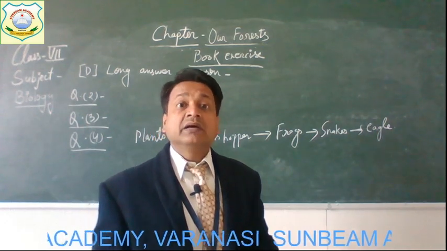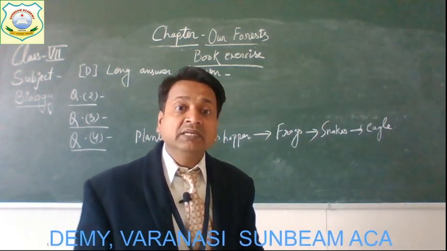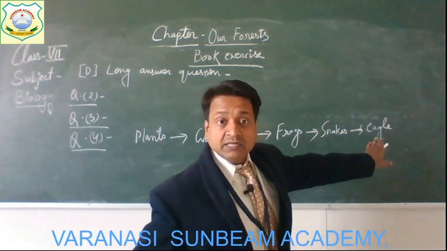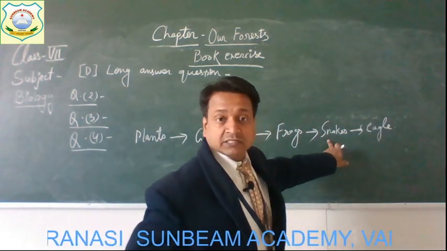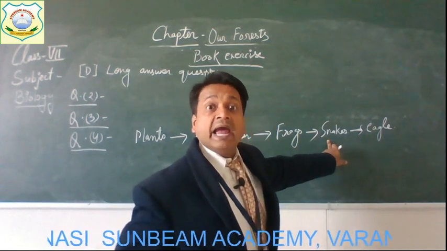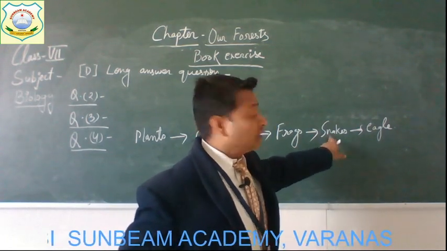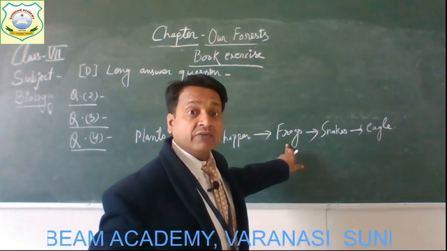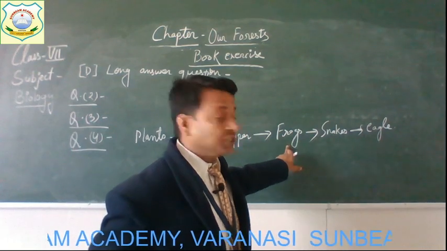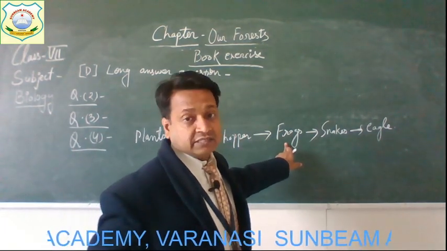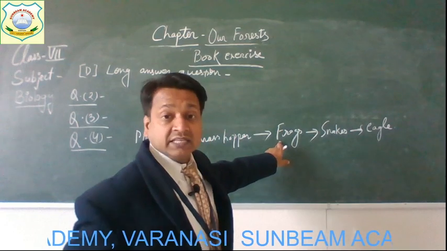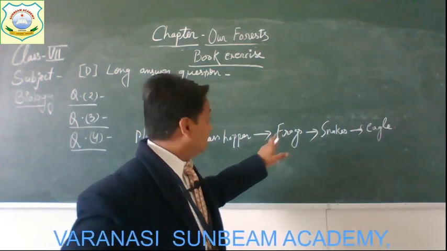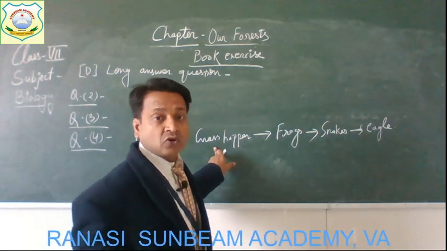Get it? Suppose there are no eagles in a community. So what will happen? In the absence of eagles, the population of snakes will increase, and this increased population of snakes will eat more frogs, and because of it, gradually the population of frogs will decrease, and this decrease in the population of frogs will lead to an increase in the population of grasshoppers.